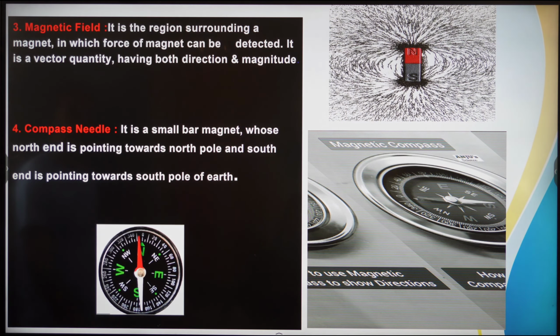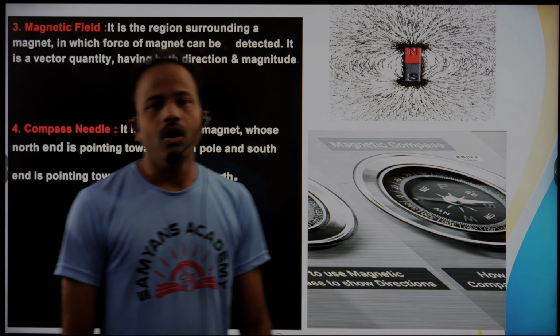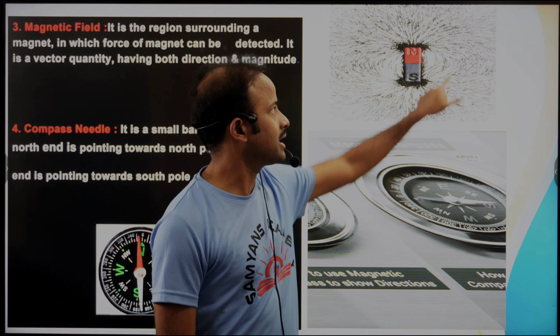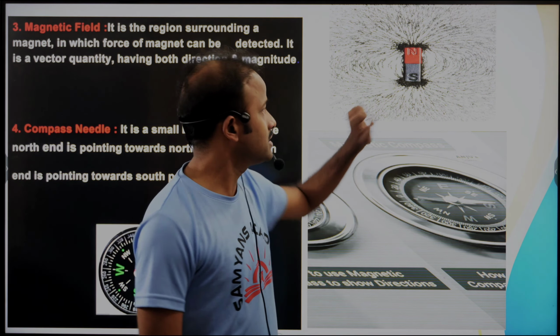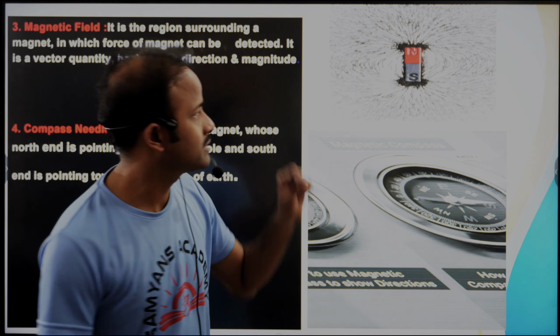Then how do you define the magnetic field? It is a region surrounding a magnet in which the force of the magnet can be detected, and it is also a vector quantity having both direction and magnitude. Now you take a bar magnet. When you sprinkle iron filings around it, they take an alignment like this. This is the region around the magnet where we can feel the force of the magnet.